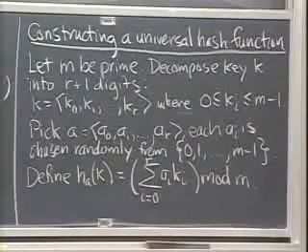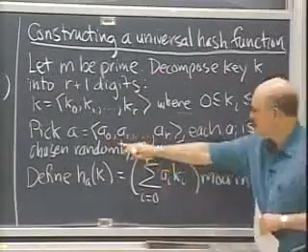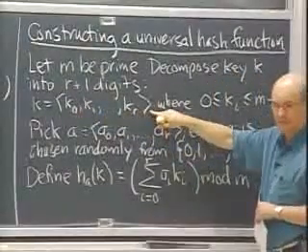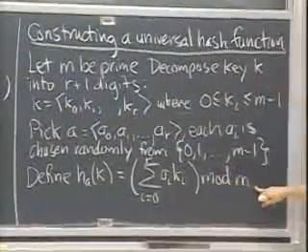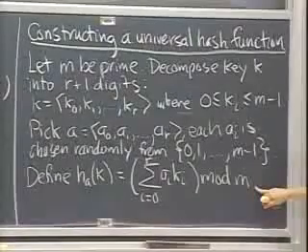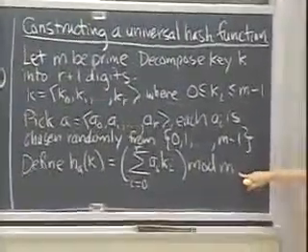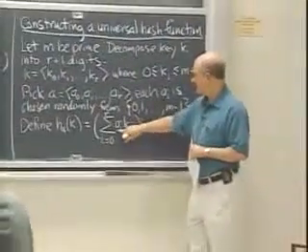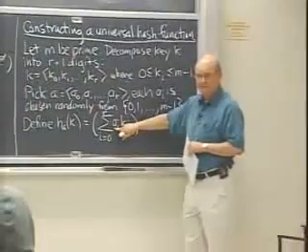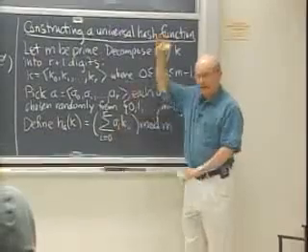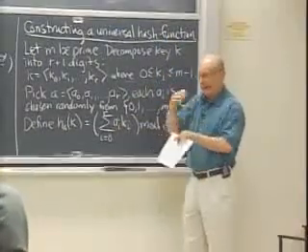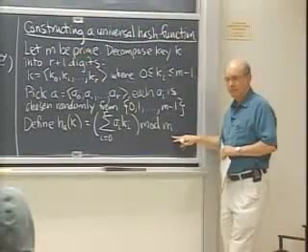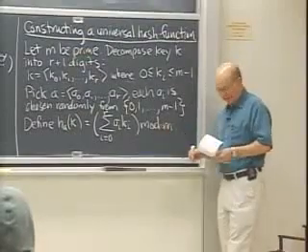So what we do is we dot product this vector with this vector, and take the result mod m. Each digit of our key k gets multiplied by a random other digit. We add all those up, and we take that mod m. So that's a dot product operator.